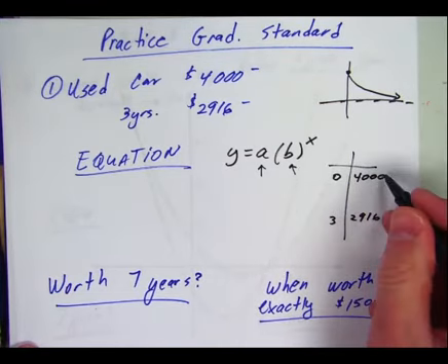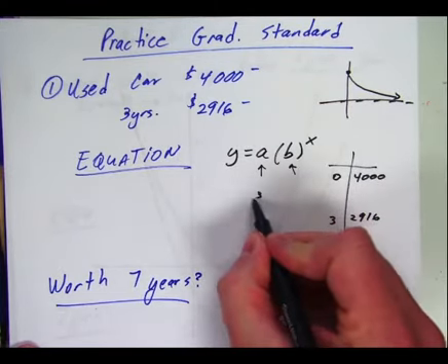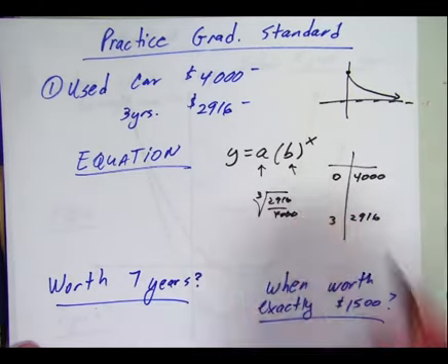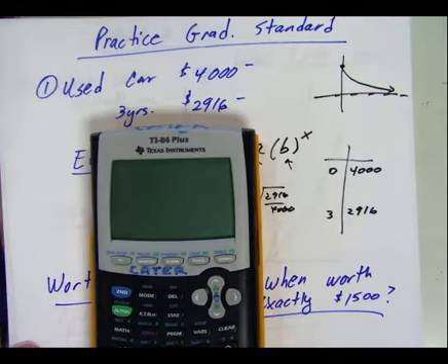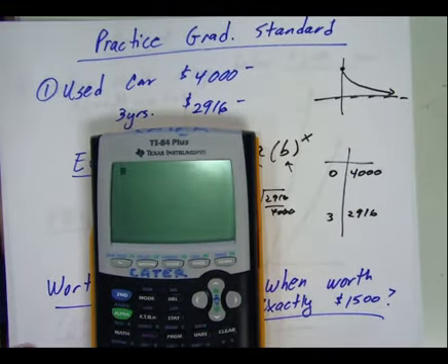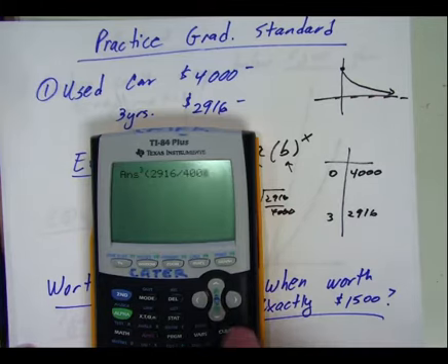Well, if I do next divided by previous, and in this case I take the third root of 2916 divided by 4,000, then I put that in my calculator: 2916 divided by 4,000, and take the third root.